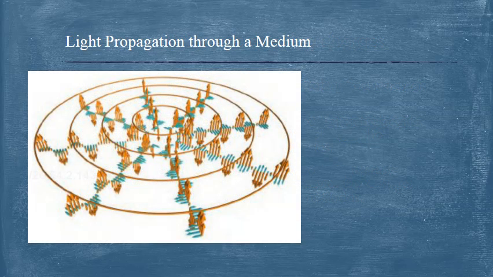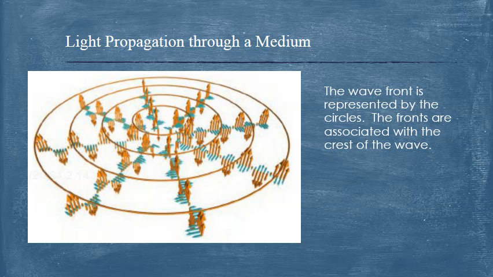Alright, let's talk about light propagation through a medium. We need to talk about some wave fronts, and this is a picture of a wave front. We use circles to represent the crest of the wave, so that is one crest, and here's another crest. This shows how the front of the waves propagate outwards from the source.